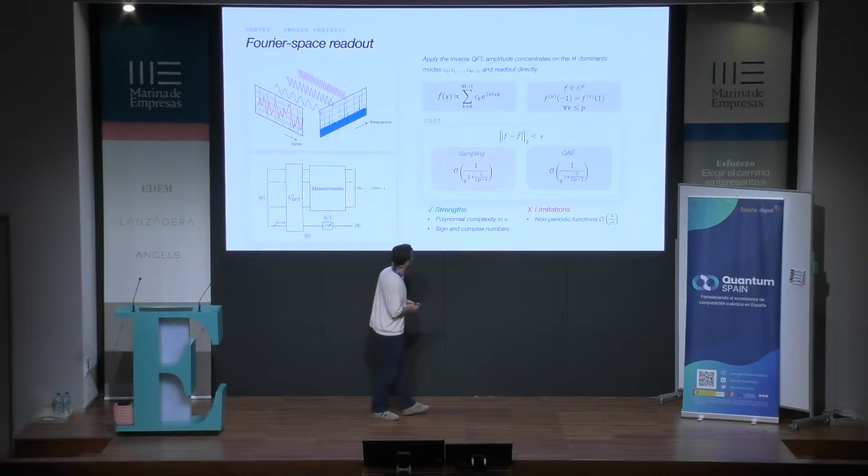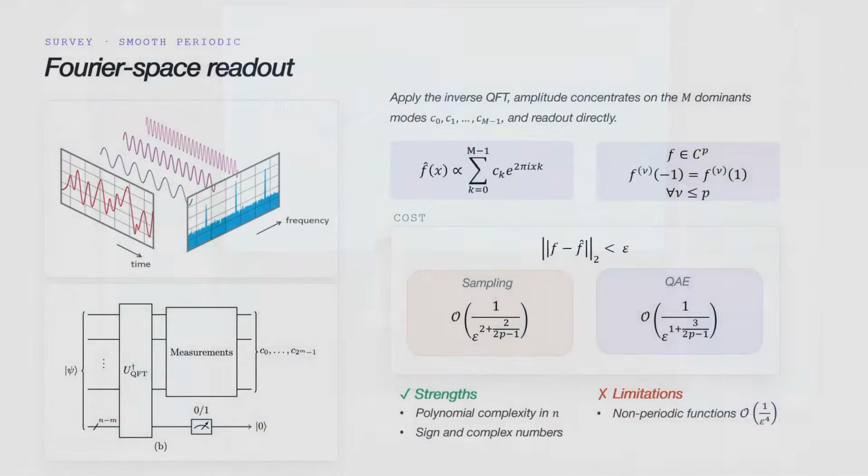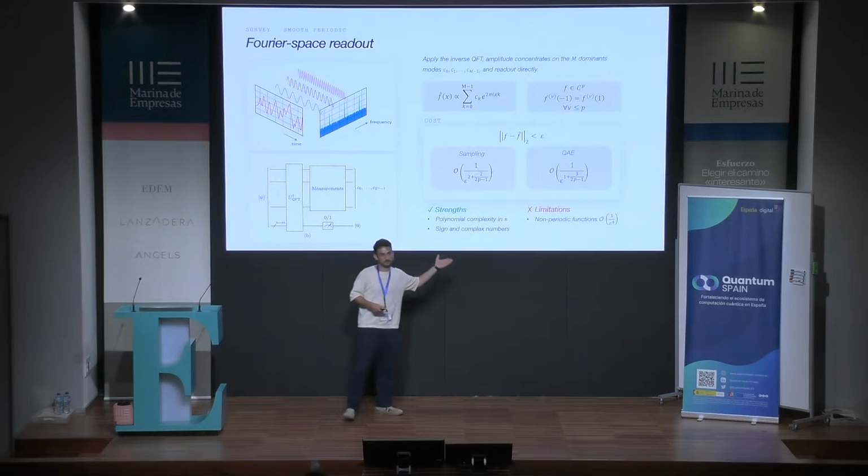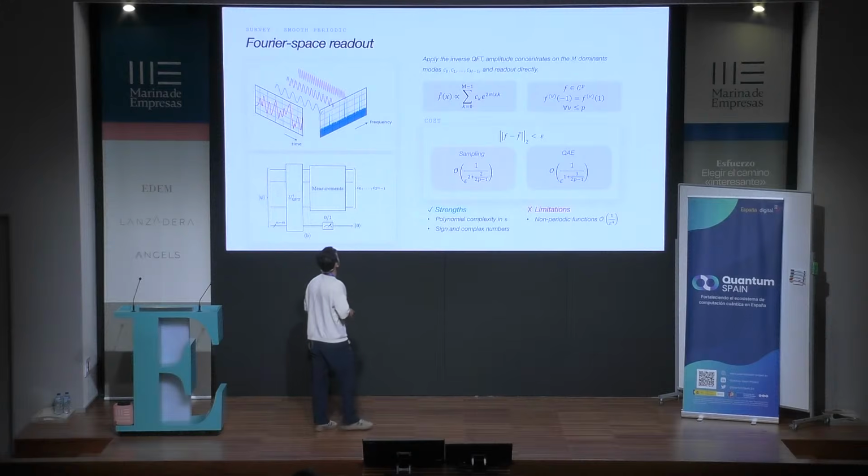But well, right now we have this polynomial complexity that is better than the exponential one. We can extract sign and complex functions. But the problem here is that when we don't have periodicity, the complexity scales to the power of 4. Okay, so we can even improve this method.